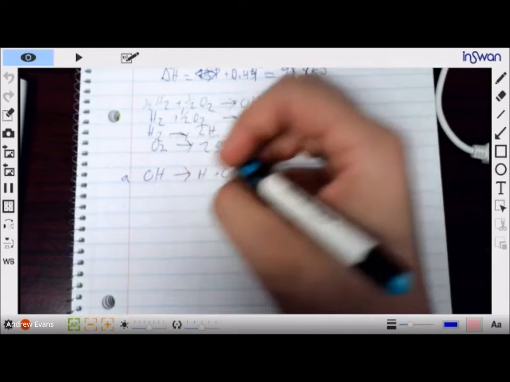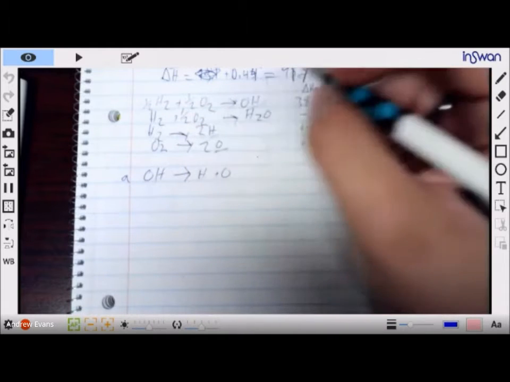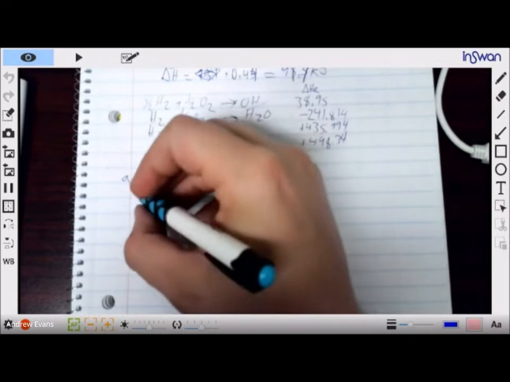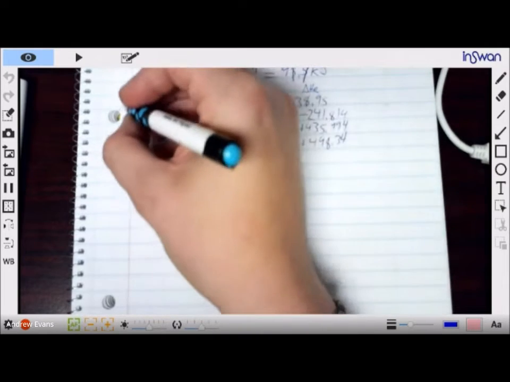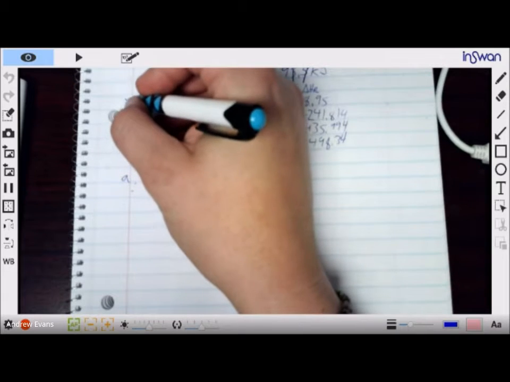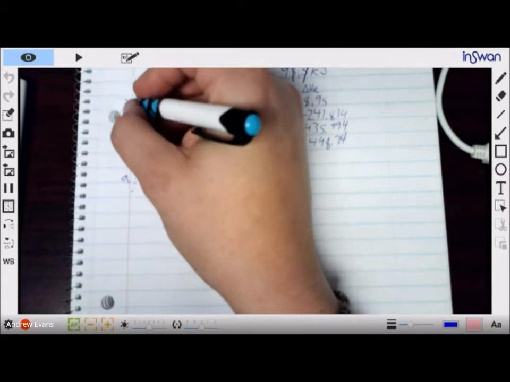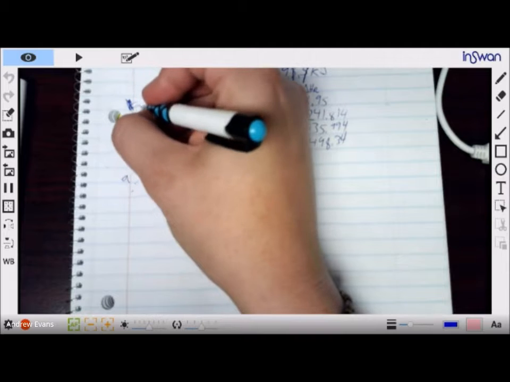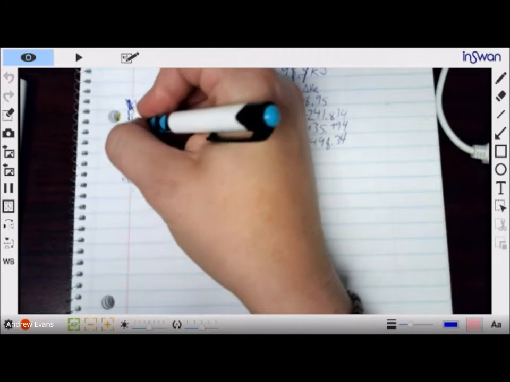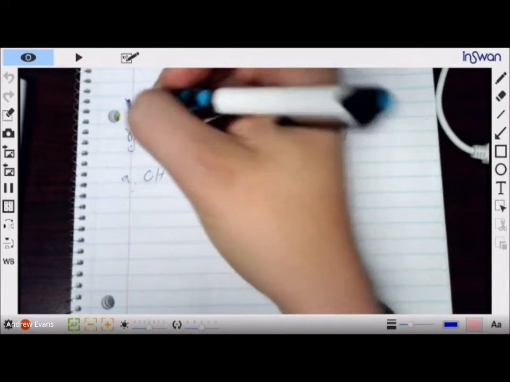So I'm going to use a reverse. I'm going to call that equation X. Well, no, I can't use equation alpha, beta, gamma, delta.